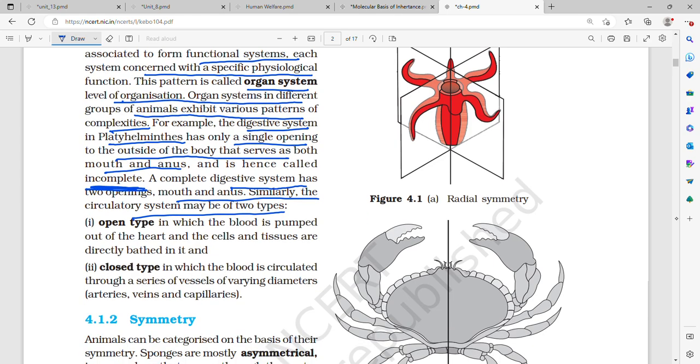After Platyhelminthes, from Aschelminthes to Hemichordata, all have complete digestive system, along with organ system level of organization. A complete digestive system has two openings, mouth and anus, whereas an incomplete digestive system only has one opening, which serves as mouth as well as anus.